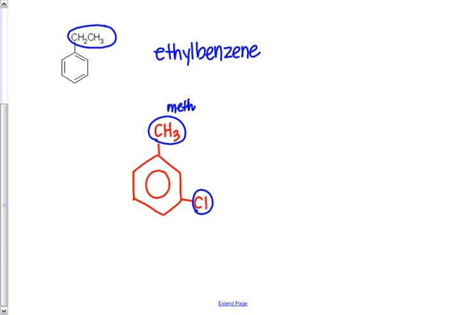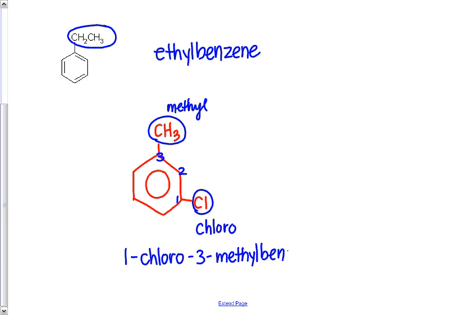Now, if you remember back to your alkane video, we list substituents alphabetically. That means chloro would go before methyl. So we'll call this the 1 carbon. And numbering counterclockwise will give us the lowest possible numbering system. So we'll call this 1-chloro-3-methylbenzene. Hopefully that gives you a pretty good overview of aromatics.